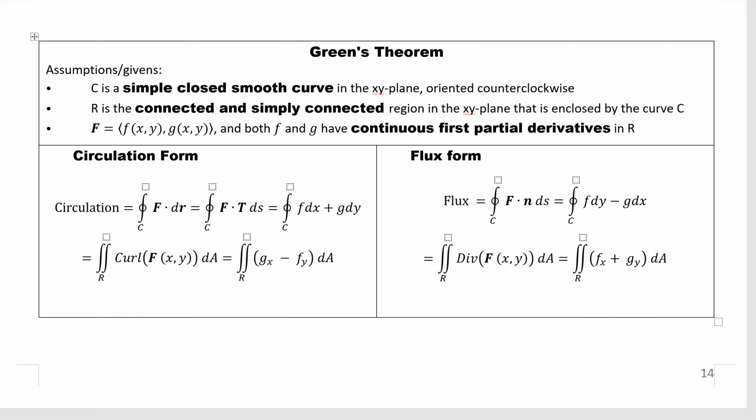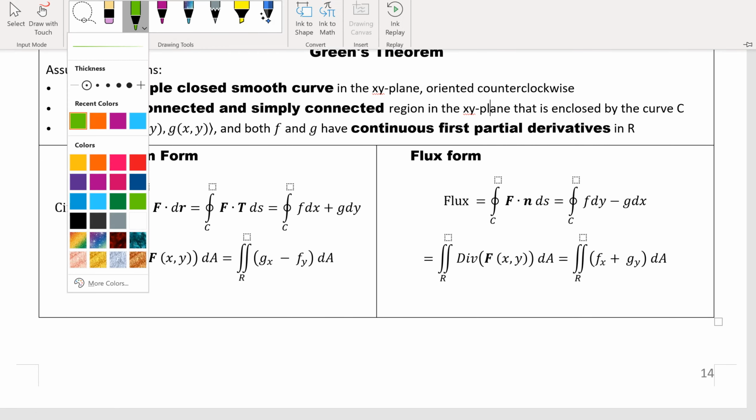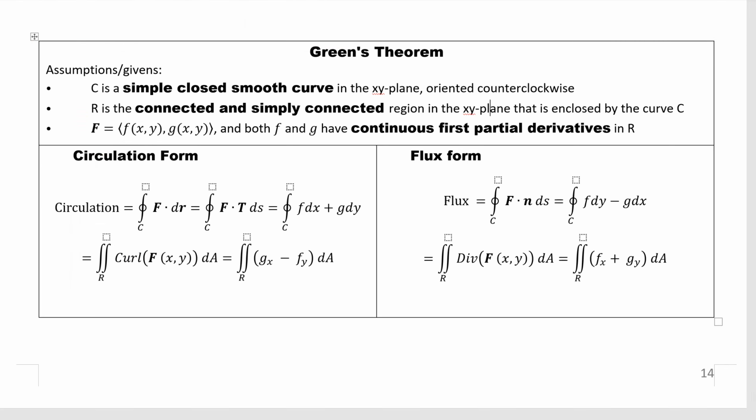So what is the circulation form? We have this curve C and the region. We want to measure how much the vector field is flowing along C, in the direction of C. This is the same as measuring how the vector field is rotating counterclockwise.